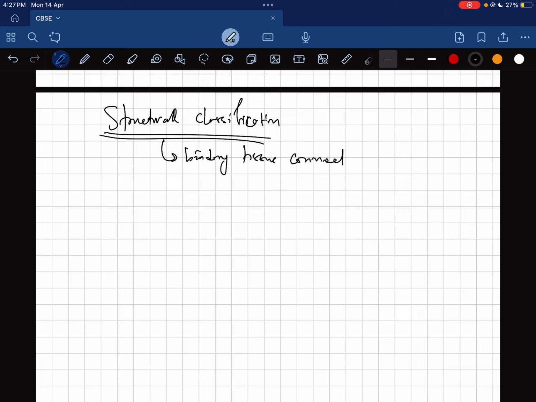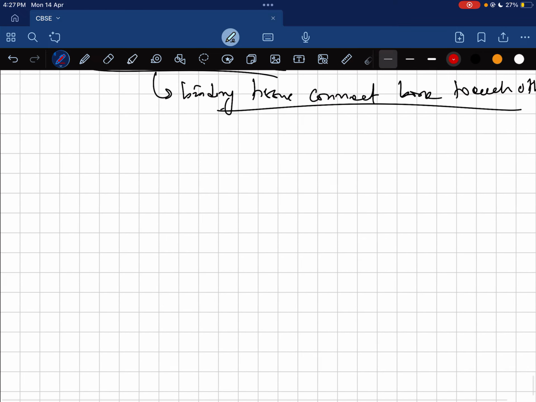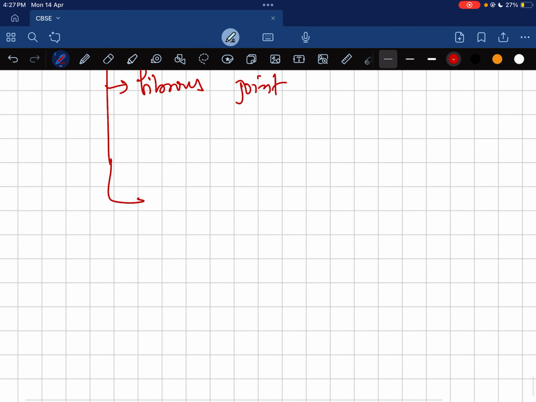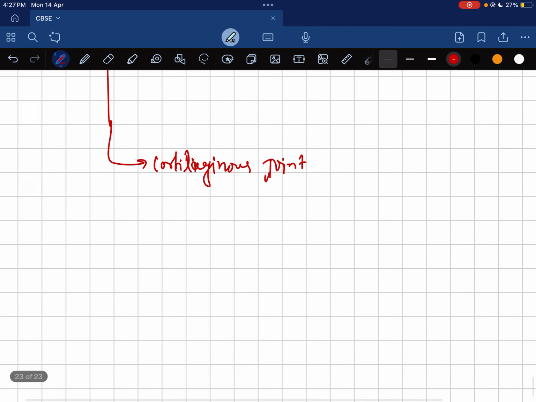The classification includes fibrous joint, then cartilaginous joint, and then synovial joint.